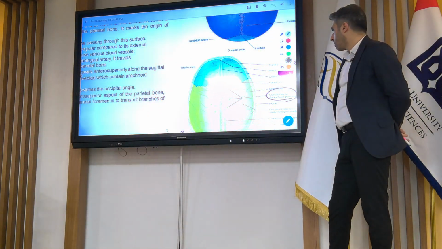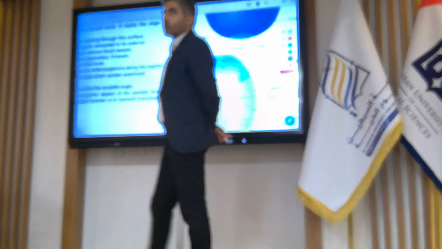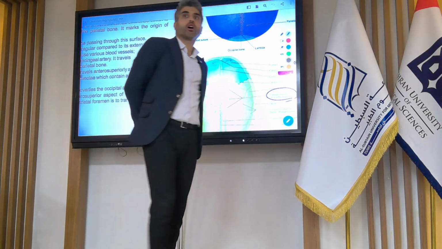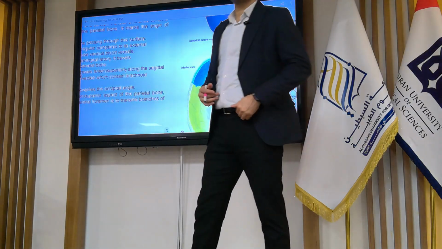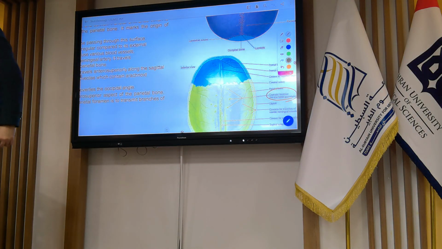Granular foveola for arachnoid granulation. What is that? Very good. CSF is in the subarachnoid space between the arachnoid and pia mater. I told you it is turning around the brain and spinal cord, and comes back. So finally it should be absorbed into the veins. We have some granules, and granule means a round structure.